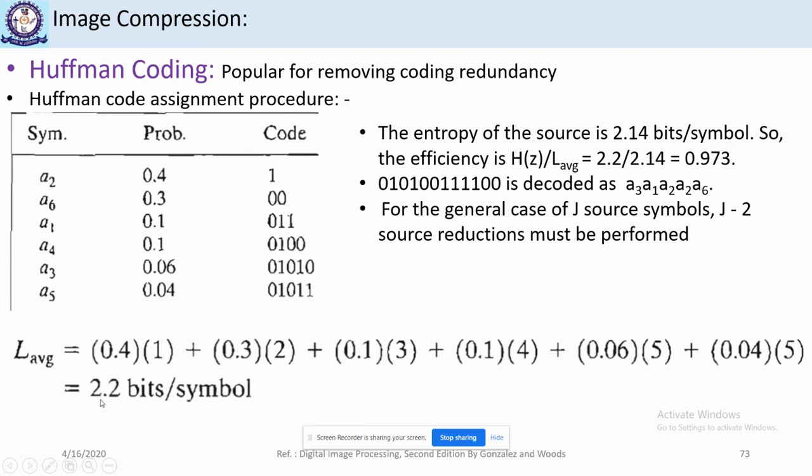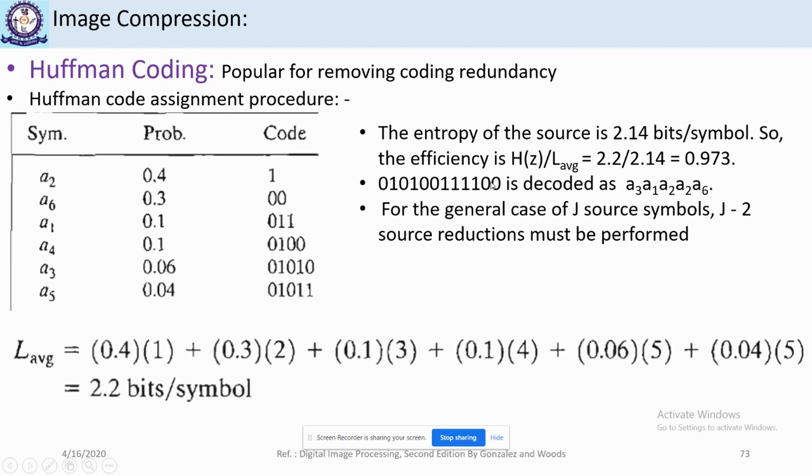It comes out to be 2.2 bits per symbol. And if we find the entropy of this source, it comes out to be 2.14 bits per symbol. The efficiency of the code is given by entropy divided by average symbol length.